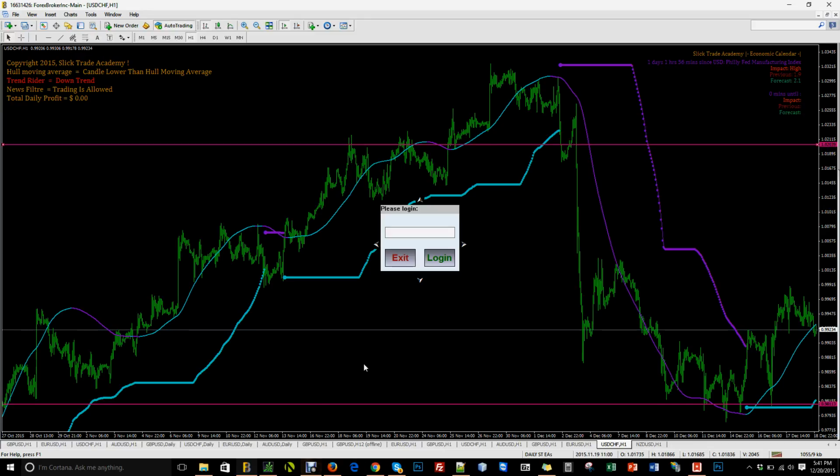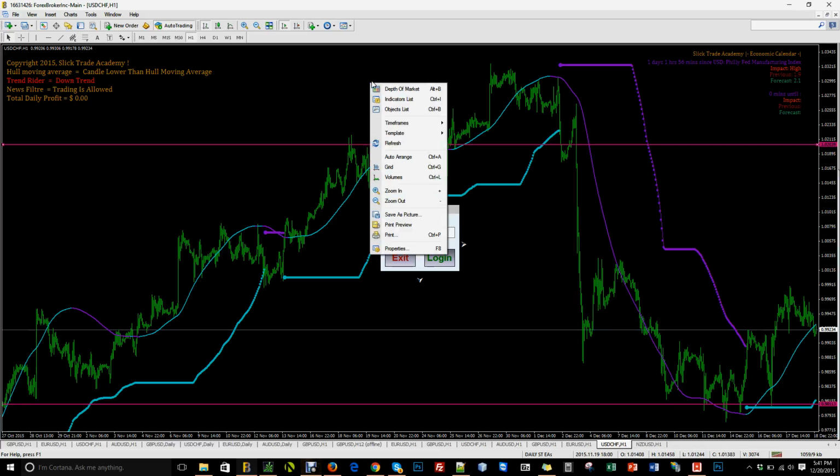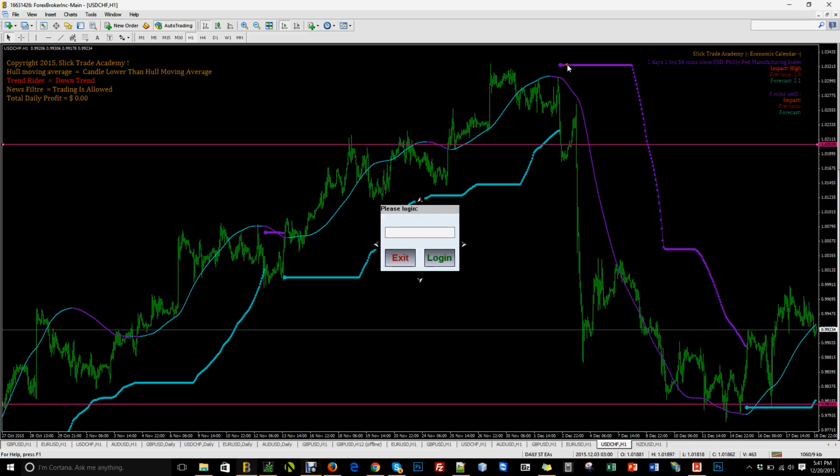Now, what we use here is a few different indicators, okay? And I already exited my EA, but it's leaving the little box up, so just ignore that little box. What you're going to see is these purple dots and these blue dots, and those are the trend rider.